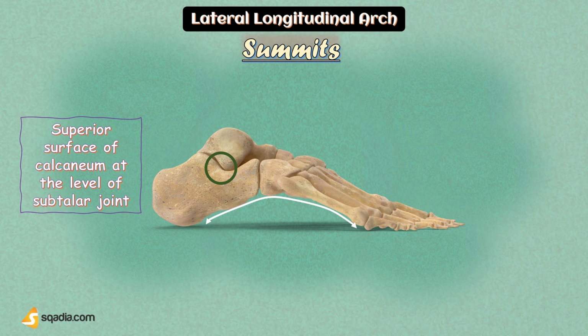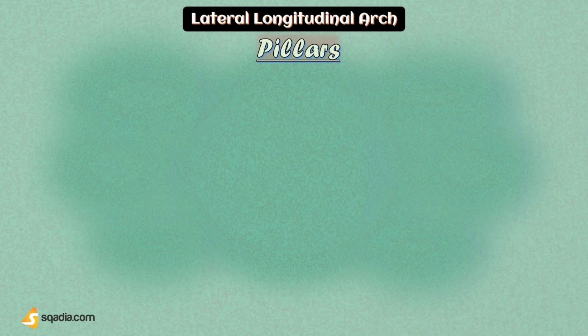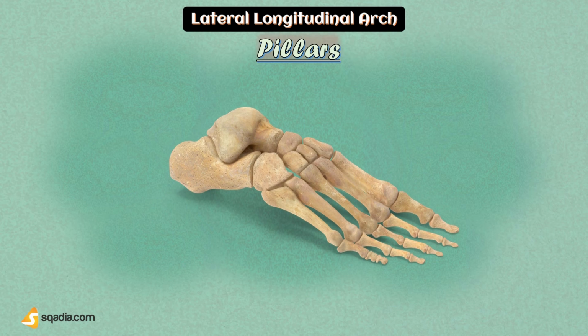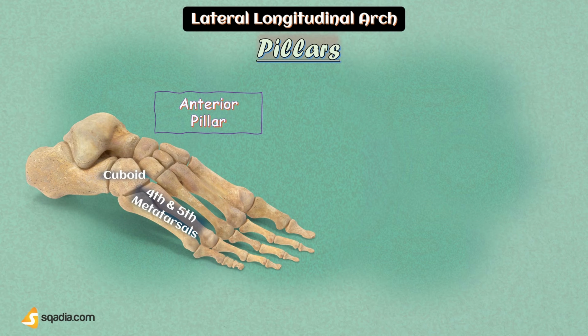As for the summit, it lies at the level of the articular facets on the superior surface of the calcaneum at the level of the subtalar joint. Pillars. The anterior pillar is long and weak. It is formed by the cuboid bone and by the fourth and fifth metatarsals.